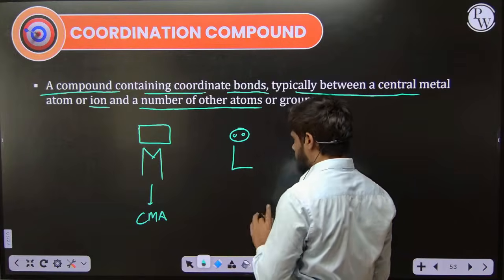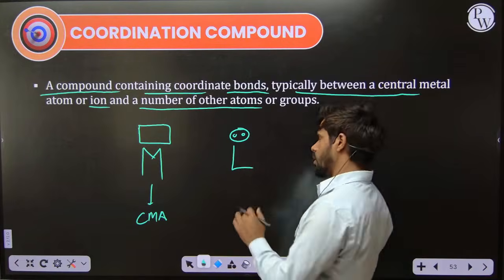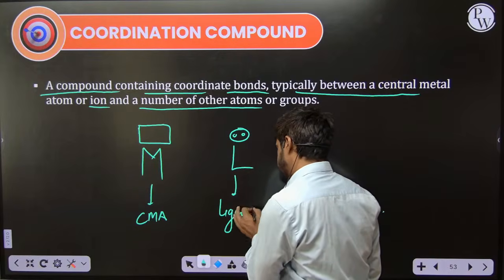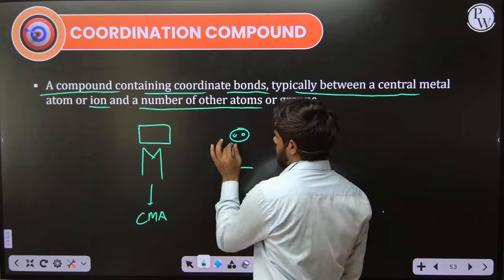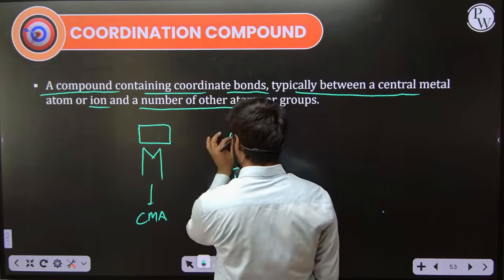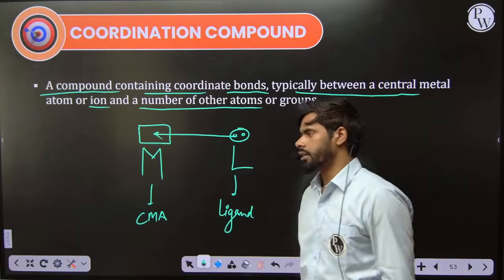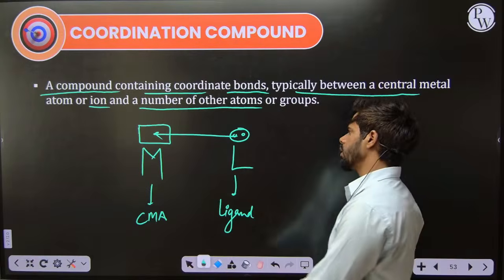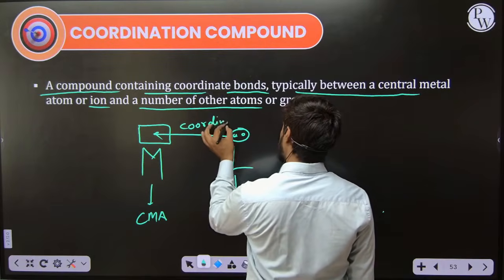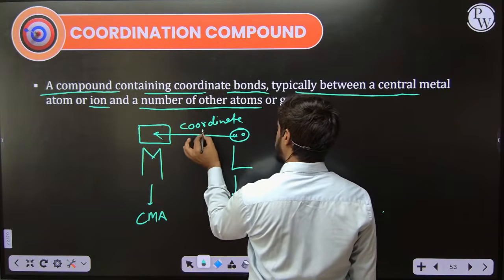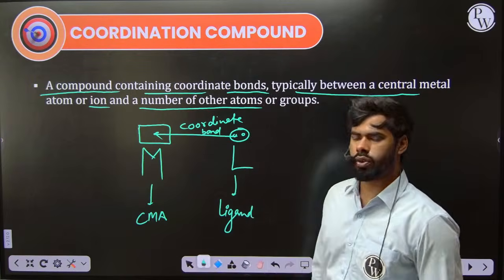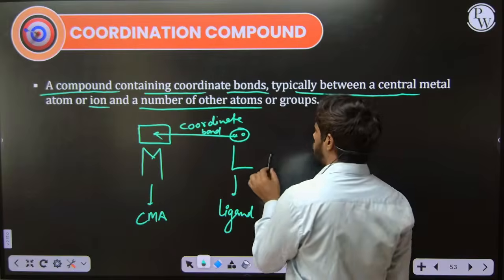The species which has a lone pair is known as a ligand. The lone pair of the ligand is shared between the metal and the ligand, and this is known as a coordinate bond. The complex formed by coordinate bonds is known as a complex compound.